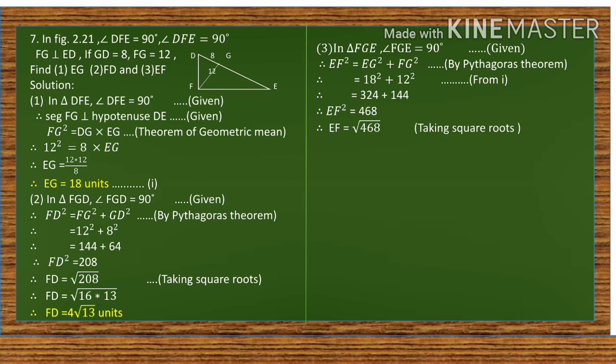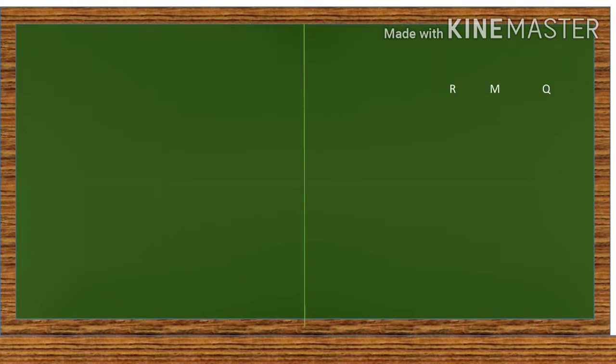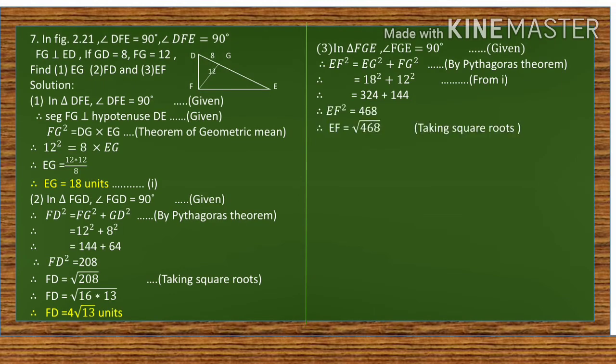This total is equal to 468. Therefore, EF is equal to under root of 468. 468 can be written as 36 into 13. Therefore, EF is equal to 6 root 13 units.